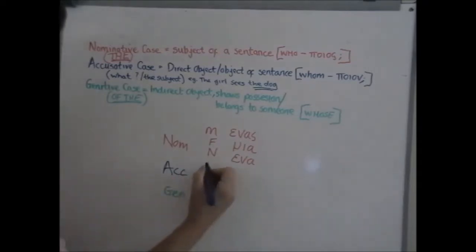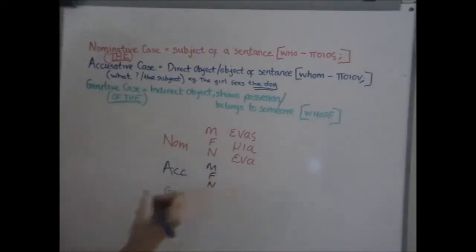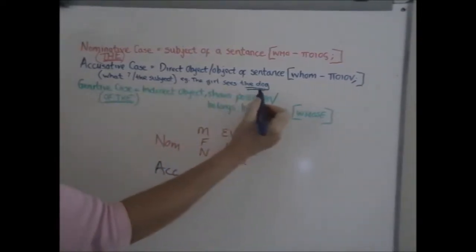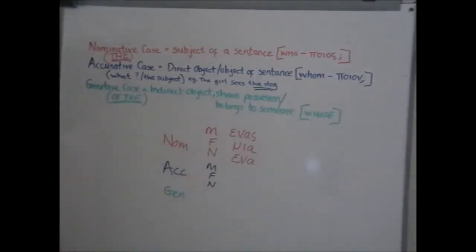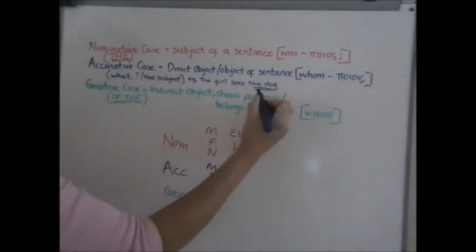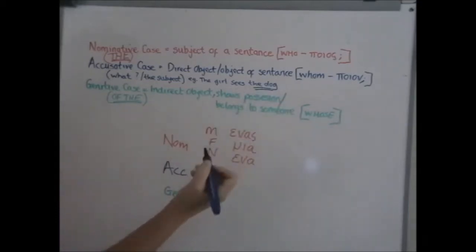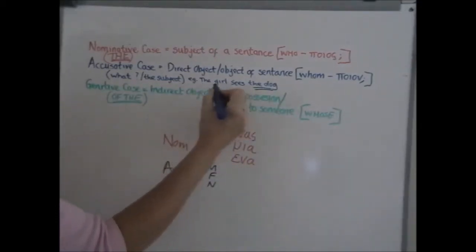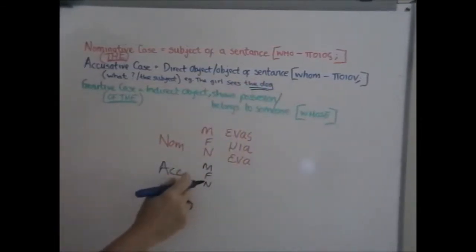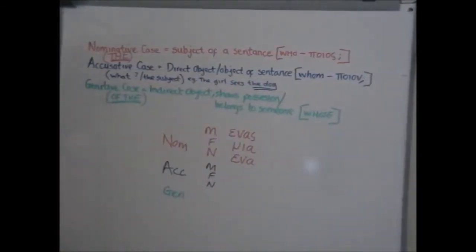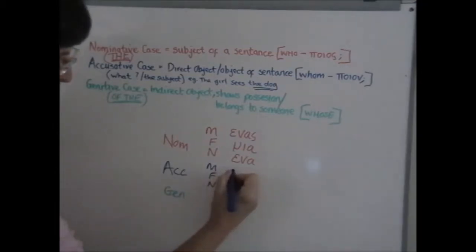So again we have masculine, feminine and neuter. So if we want to talk about the subject, the dog, dog happens to be a masculine word. So if we were translating this sentence here, the girl, so we'd put this from the nominative, sees the dog, the accusative, so we would write enan.